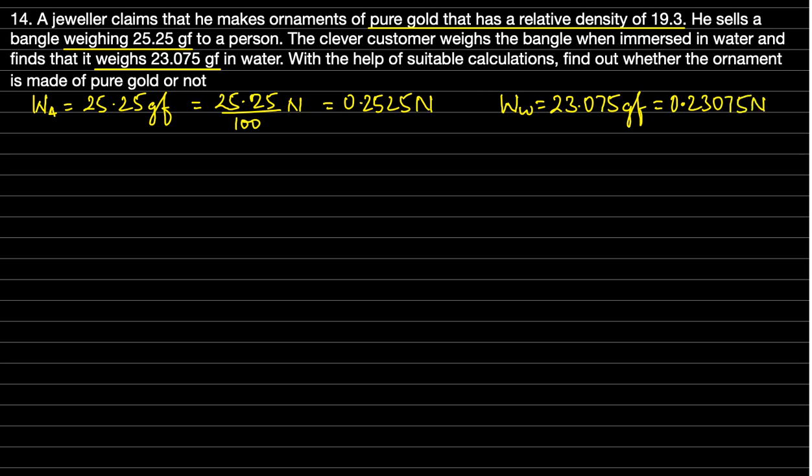Now we would be using the relative density formula, that is weight of the body in air divided by weight of the body in air minus weight of the body in water. So weight of the body in air, we got it as 0.2525 divided by weight of the body in air, 0.2525, minus 0.23075.